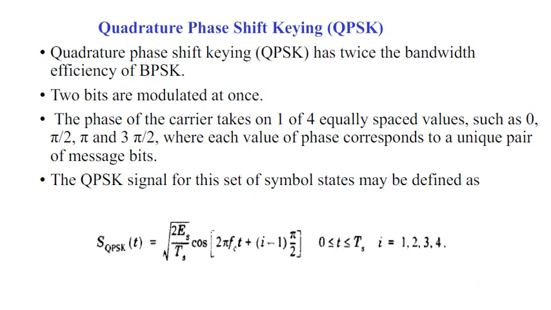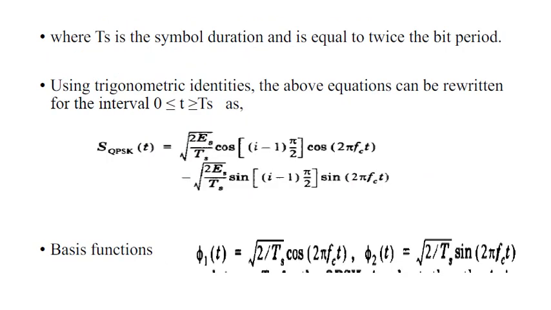The QPSK signal for this set of symbol states may be defined as the given function, for the time interval 0 to Ts, and zero elsewhere, where Ts is the symbol duration and is equal to twice the bit period.